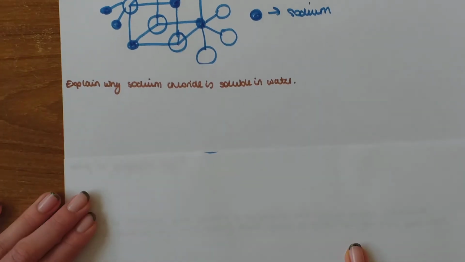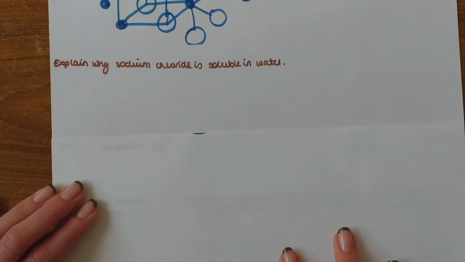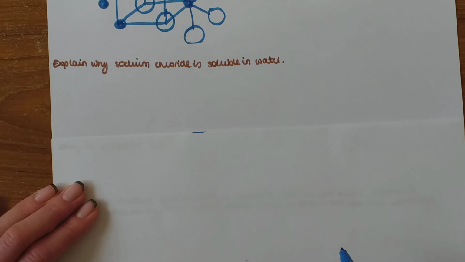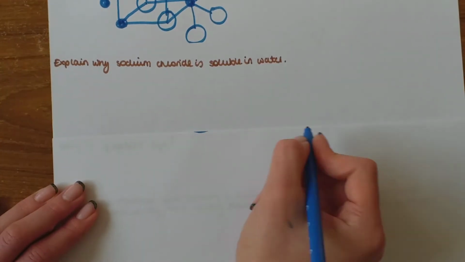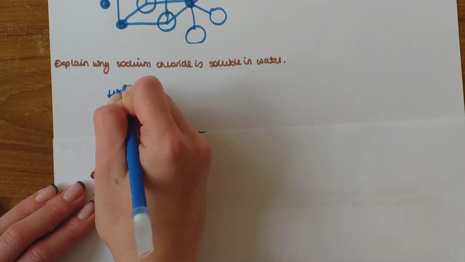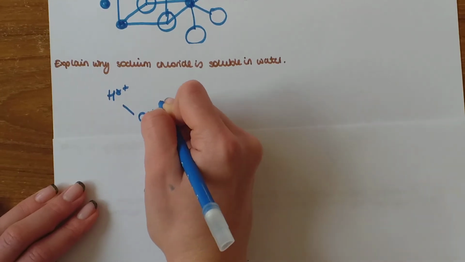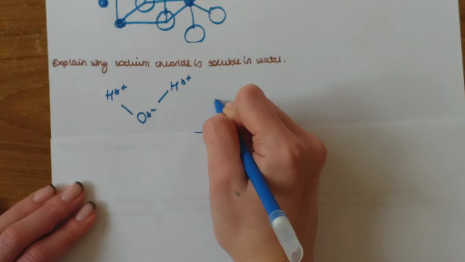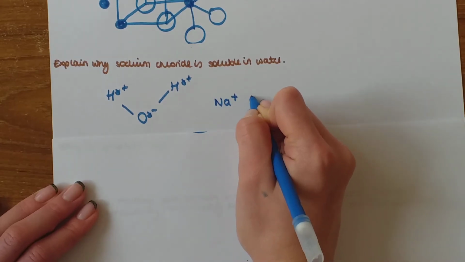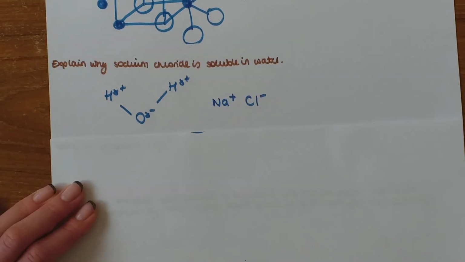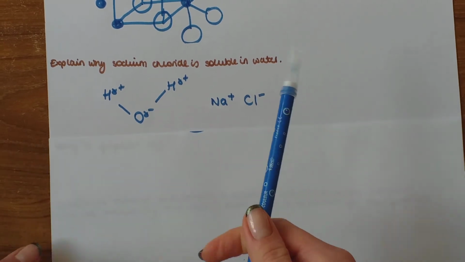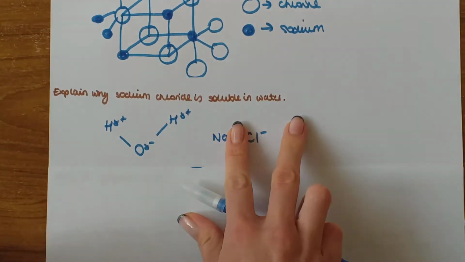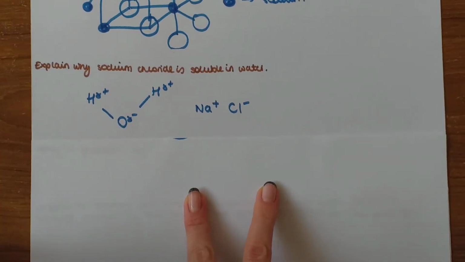Next question. Explain why sodium chloride is soluble in water. So it's easiest to explain if I just draw it. We know that water molecules are polar. We also know that sodium chloride is ionic. They are ions, sodium and chlorine.